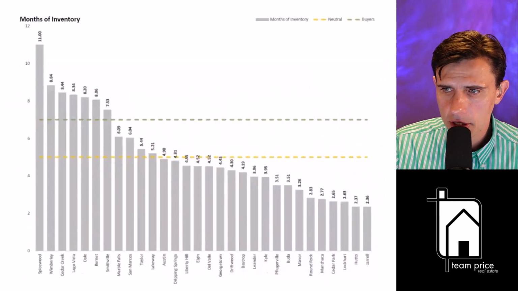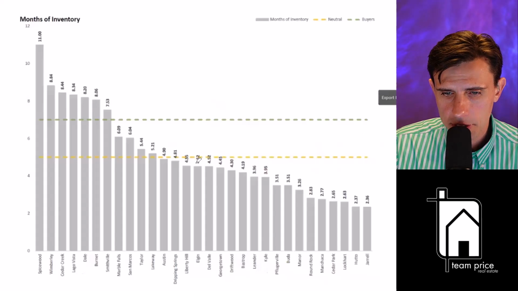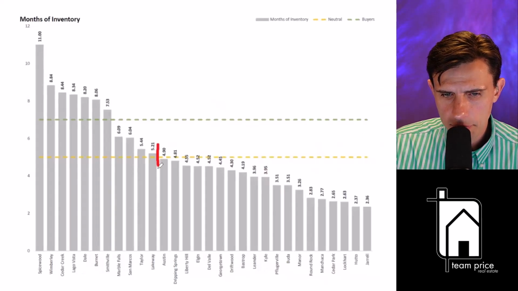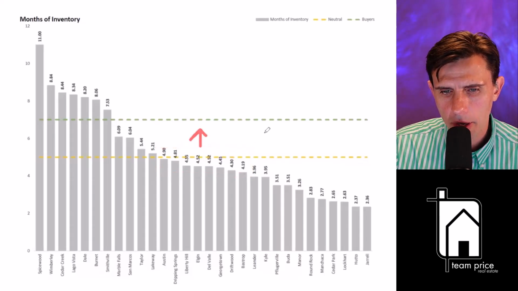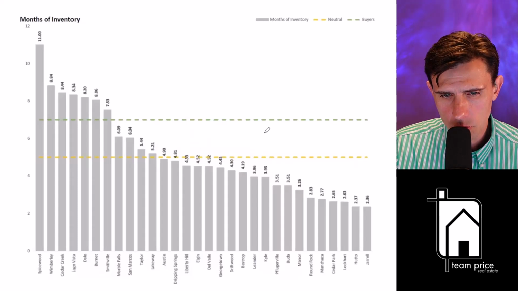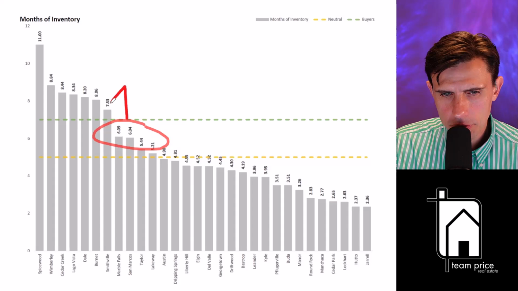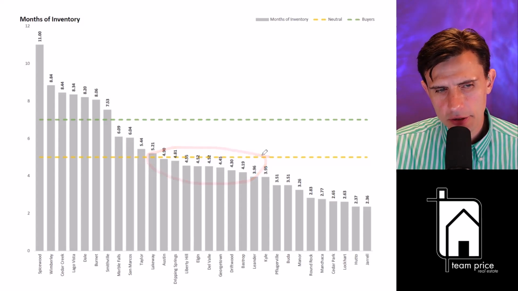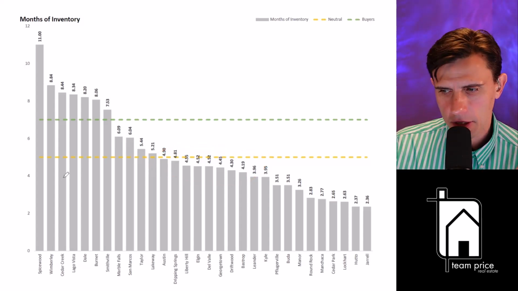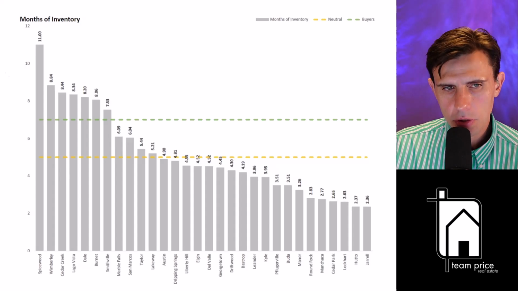Now, the interesting thing I want to bring to your attention is that we've got all of these that are about a month away from crossing into a neutral market. But we still have a ways to go for these to cross into a buyer's market. There are a lot of cities at the precipice of crossing into a neutral market.